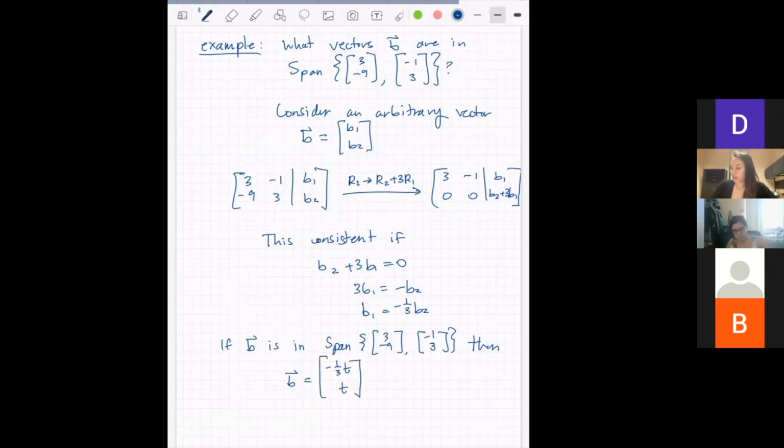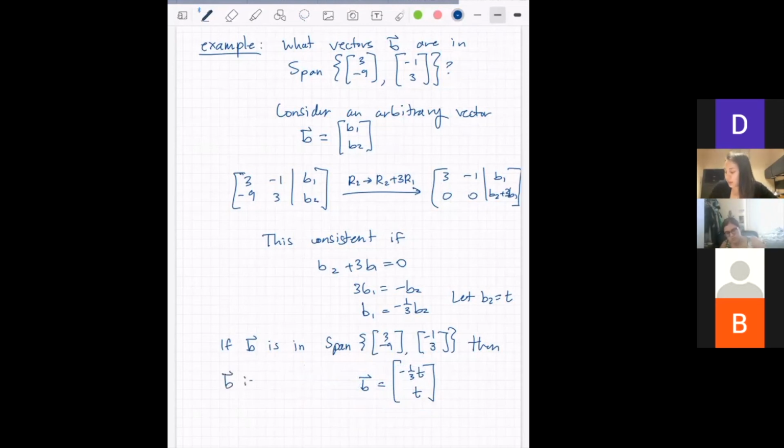So what I've done is just replace b2 with t, right? That then becomes a vector. I'll write this out in words.